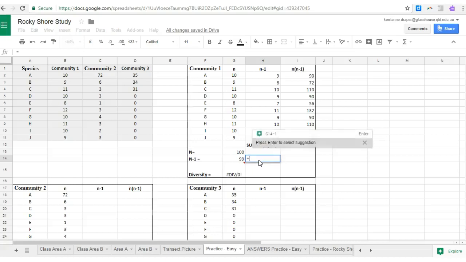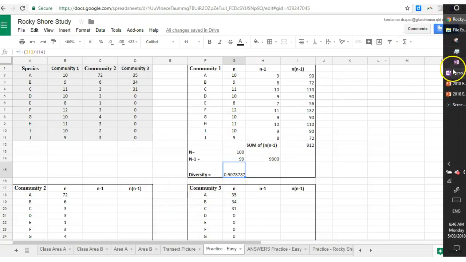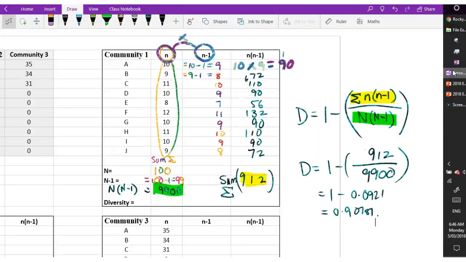So this is going to equal this N times that N. Okay, and I might make sure I add this into your Excel spreadsheet. Equals. So there's my N times N minus 1 value. And now, there it is, because it was already in that formula. And that amount there is exactly the same as we worked out by hand.